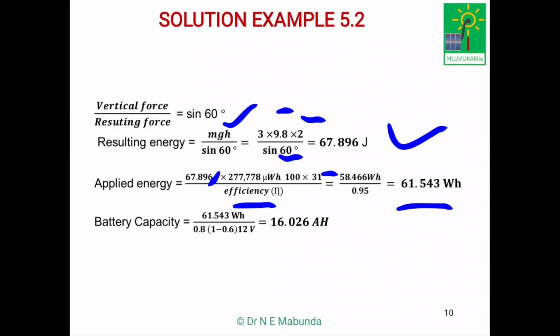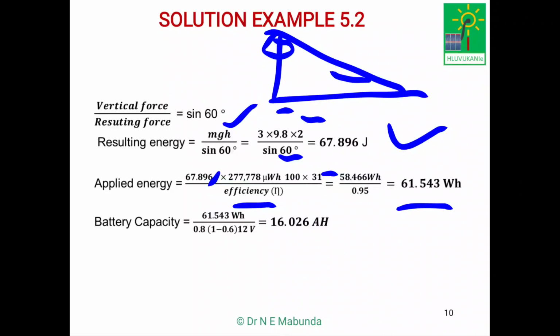Remember, the energy that is going like this is the resulting energy, because the boom gate moves like that. That's why you're dividing by sine of that angle. You're translating what you know, the height MGH, to what is unknown, which is that.